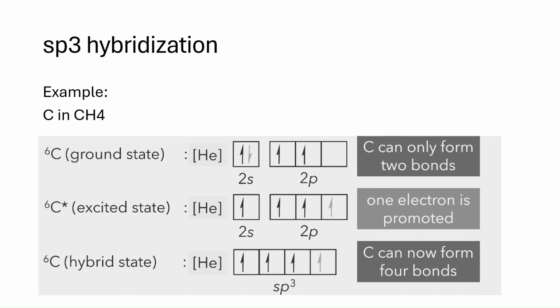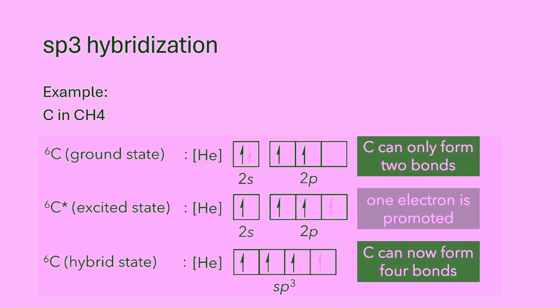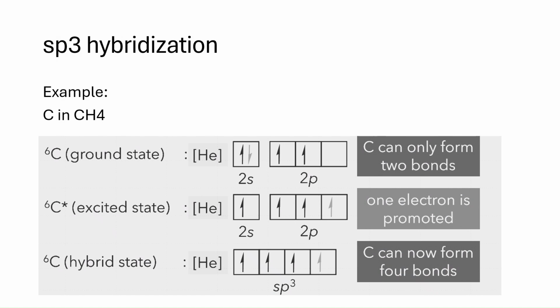Hence, the hybrid orbitals are directed towards the corners of a tetrahedral shape. The process of sp3 hybridization allows for the formation of the four equivalent bonds in a molecule of CH4. This is favored as energy released in the formation of the four bonds can compensate for energy needed to promote an electron from 2s to 2p orbital.